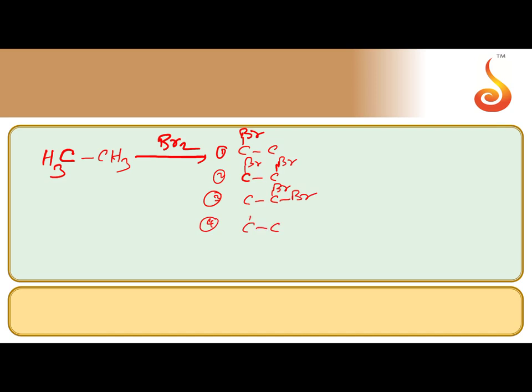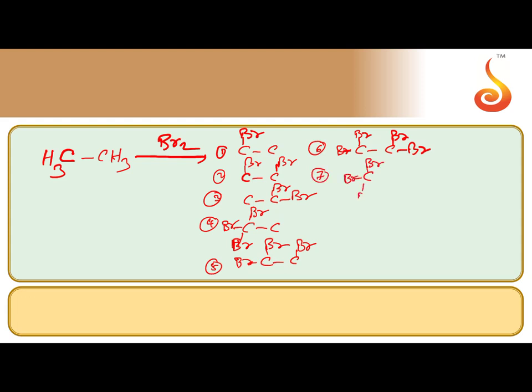Coming to tribromoethanes, once 3 bromines may be on the same carbon, once 2 bromines are on the same carbon and 1 bromine on the other carbon. So there are 2 types of tribromoethanes. Next, coming to tetrabromo, 2 bromines on each carbon. This is one type of tetrabromoethane. Once 3 bromines on one carbon and 1 bromine on the other carbon.